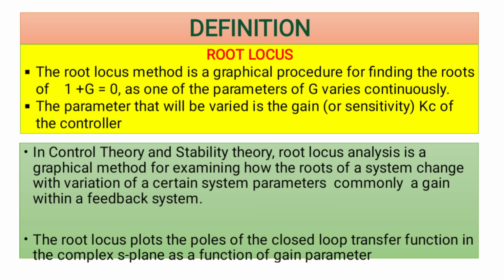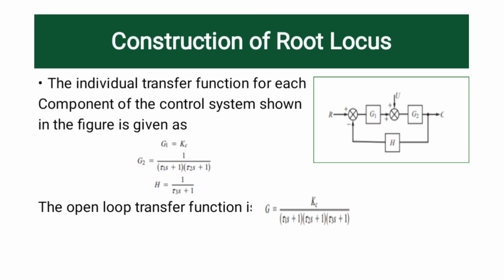When constructing a root locus, the number of root locus branches, or loci, depends upon the number of poles and the number of zeros.